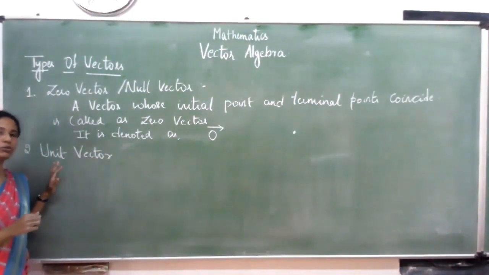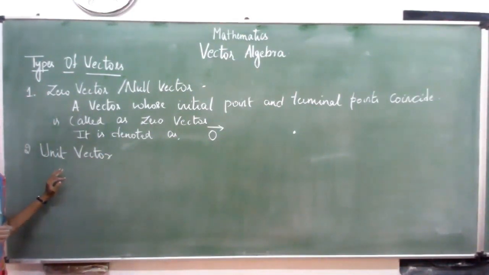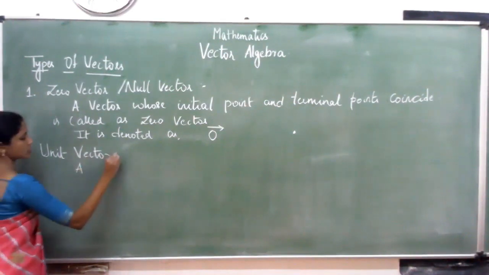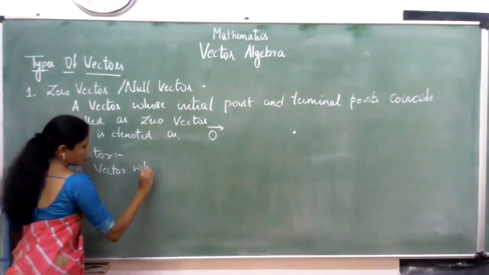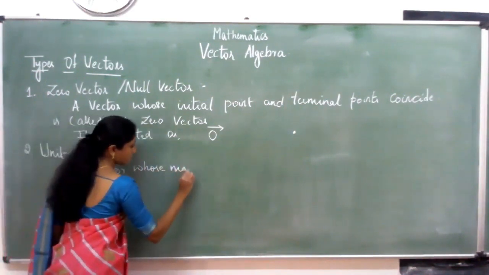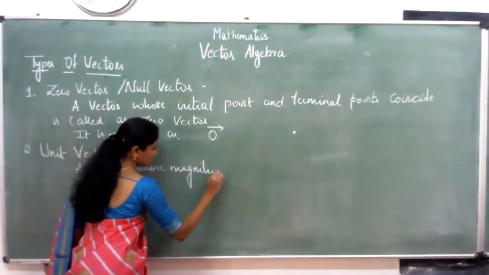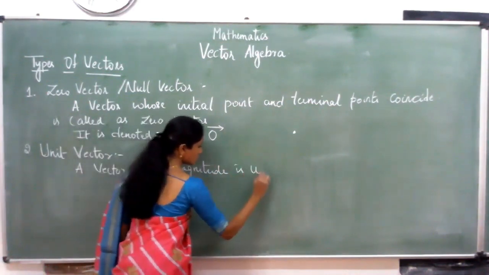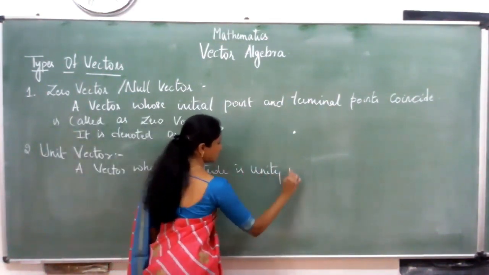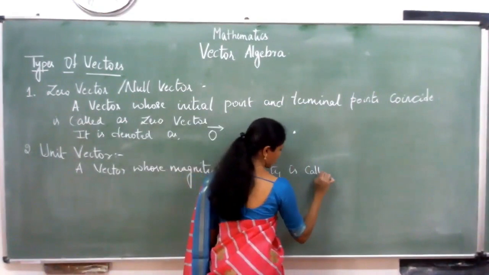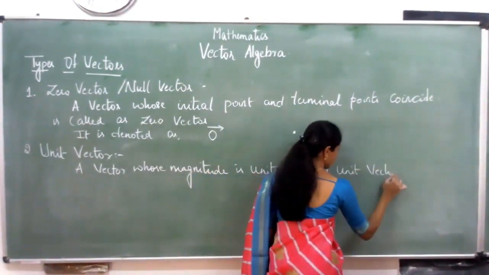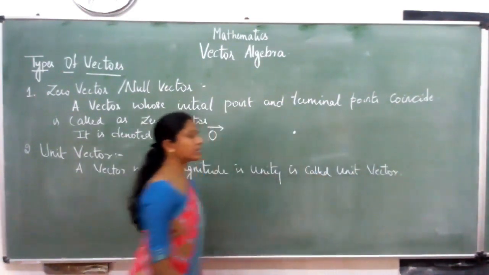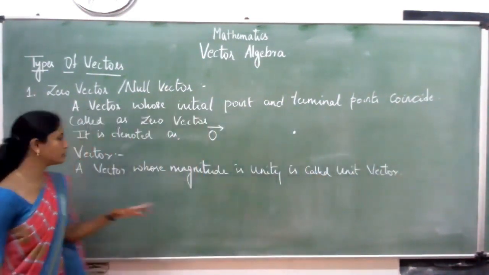So a vector whose magnitude is unity is called a unit vector.